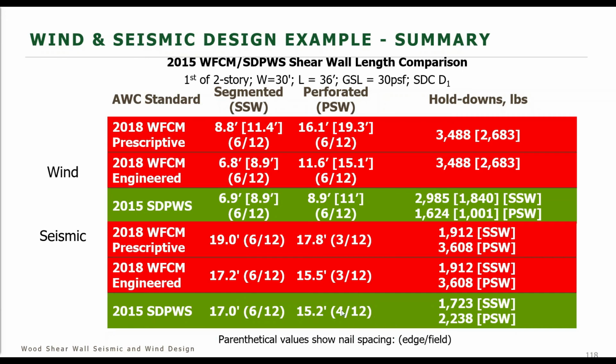Now you notice the nailing is a little bit more or less for the wind and seismic provisions. We have 4 and 12 versus 3 and 12. And that's similar to, we have more length in the wood frame construction manual for the wind design, for the engineered approach. And then we have less length required for the wind and seismic provisions. But the nailing is the same.